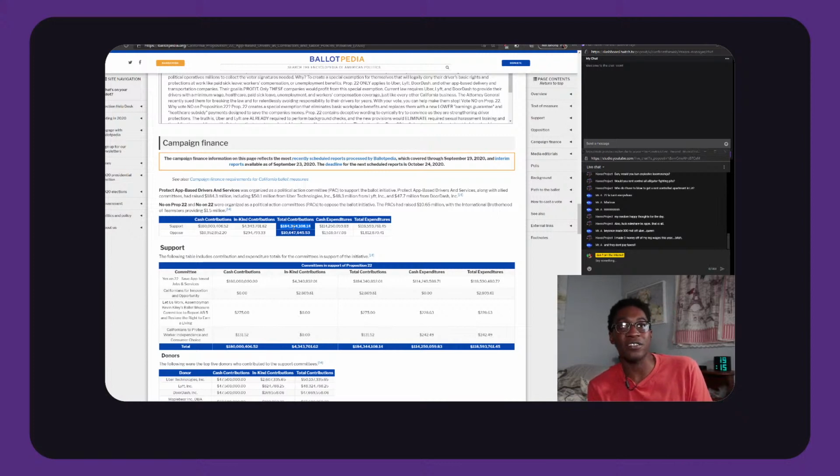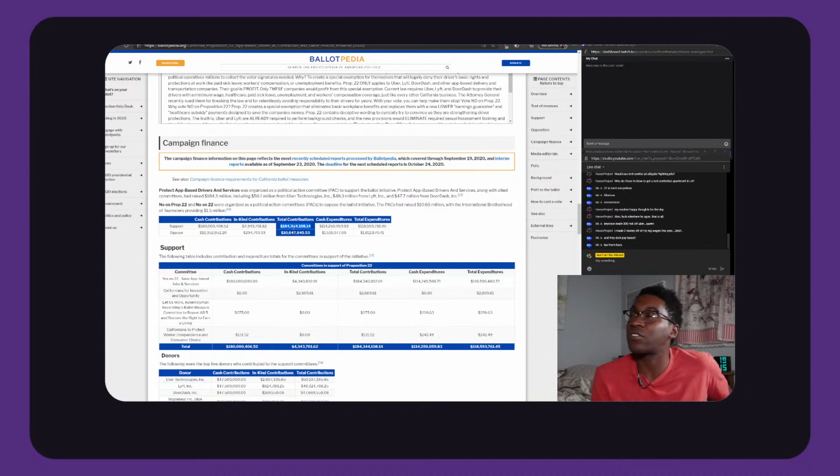Uber and Lyft earlier this year said that if they had to abide by this law in California, they were just no longer going to operate in California. And that was a whole bunch of lies.